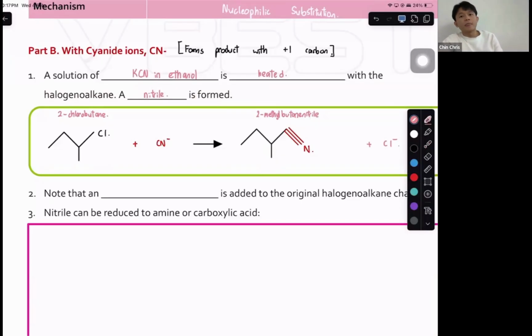So you see, guys, from a 4 carbon it turns into a 5 carbon now. Clear? So a nitrile always increases the carbon number by 1. Please remember that.